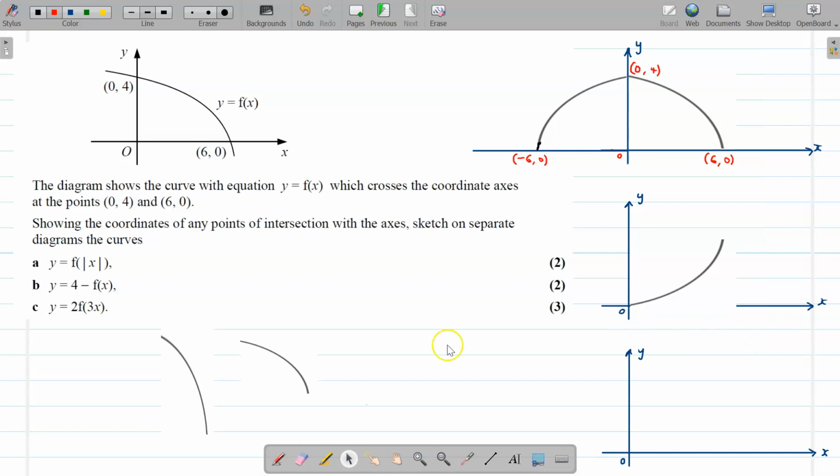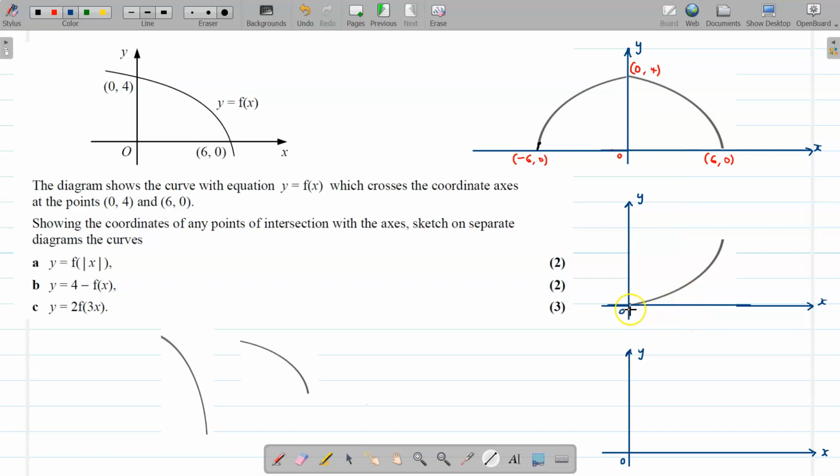Okay, and let me just redraw that missing x-axis. So you can see that it's been moved up and after it's been reflected in the line y equals 0, or the x-axis. Now we're supposed to label the axis crossing points.